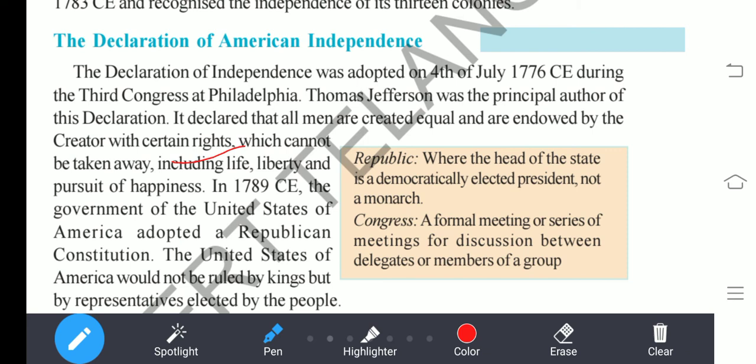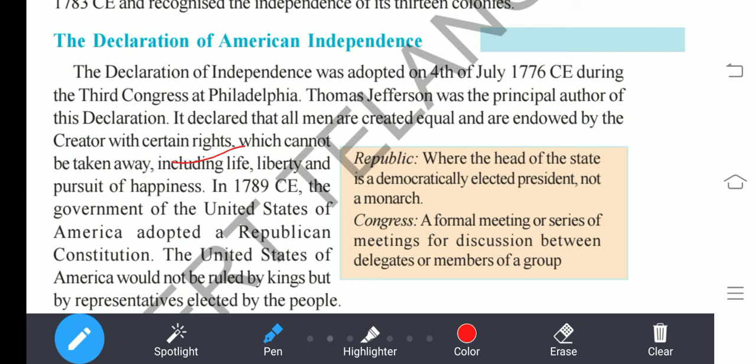So everybody has rights like life and liberty, that is freedom. What kind of freedom is it? Freedom to enjoy, freedom to get happiness, right? This point is very important. Freedom to happiness in the sense of basic needs.